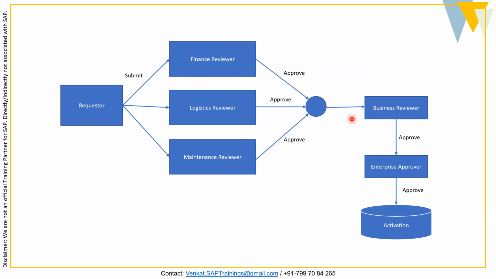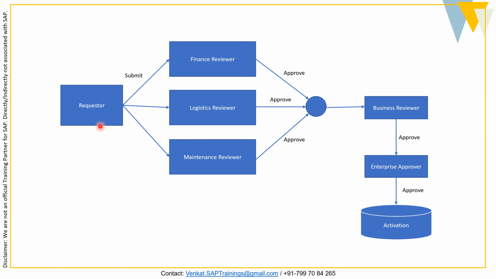Yesterday we discussed the request step, merge step, final approval, but here this is not the case. Requester submits, it goes to 3 parallel reviewers. Once all approve, it goes to the business reviewer. Once the business reviewer approves, it goes to another approver, the enterprise approver.